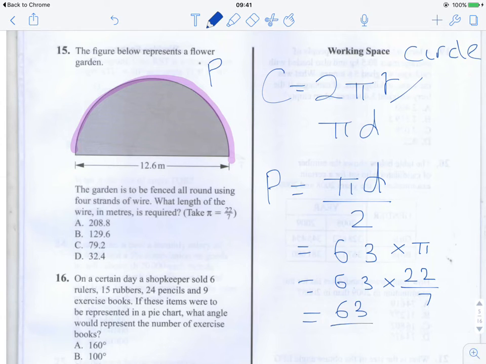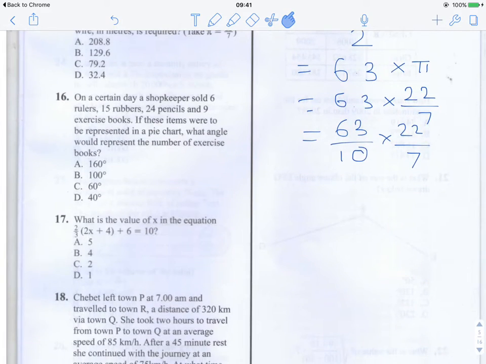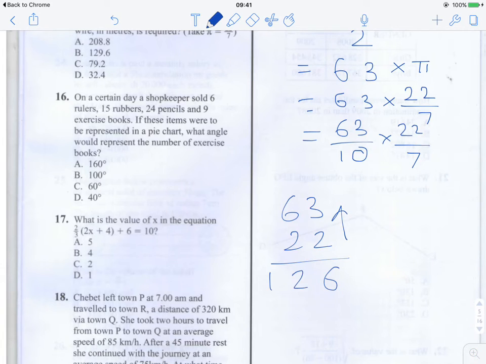So 63 over 10 times 22 over 7. We just need to times the top and the bottom. So we've got to times 63 by 22. Let's do some long multiplication very quickly. 2 times 3 is 6. 2 times 6 is 12.